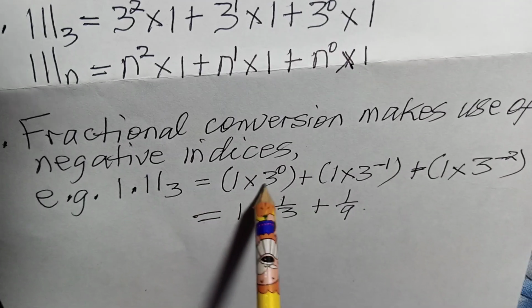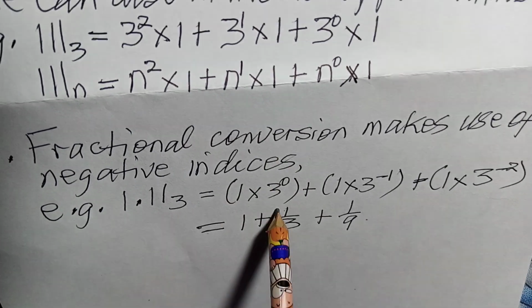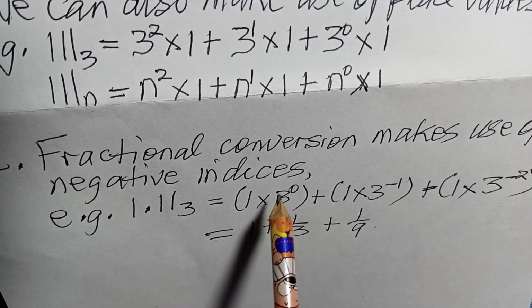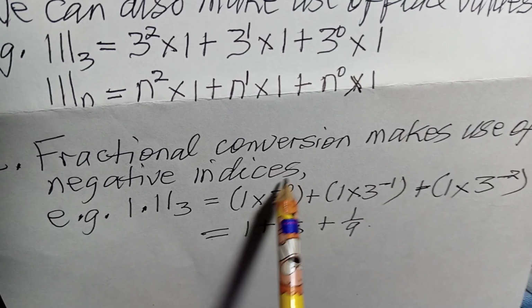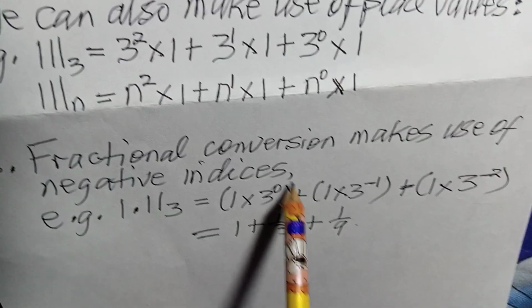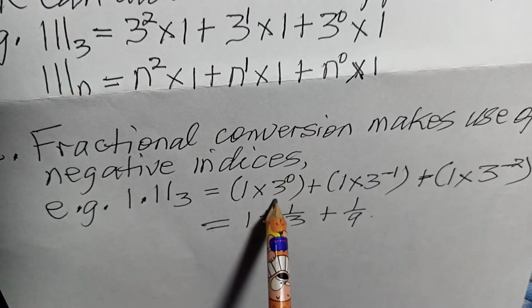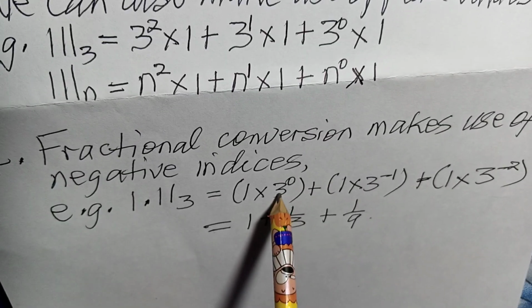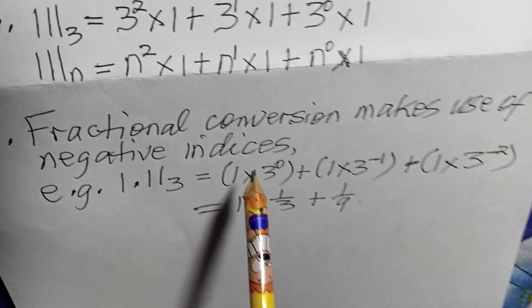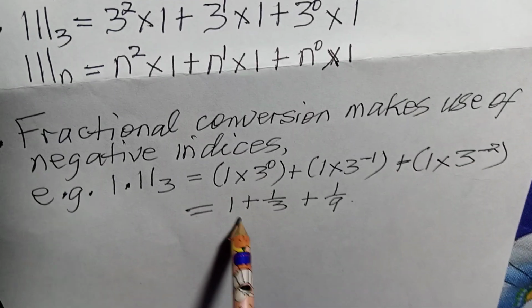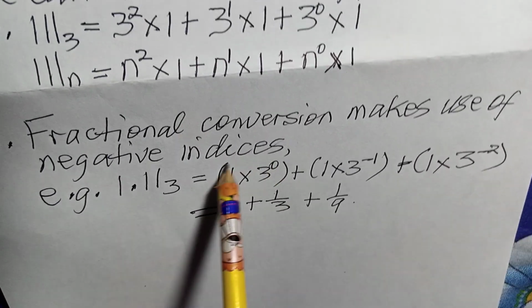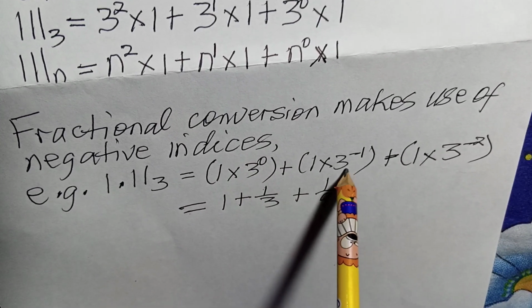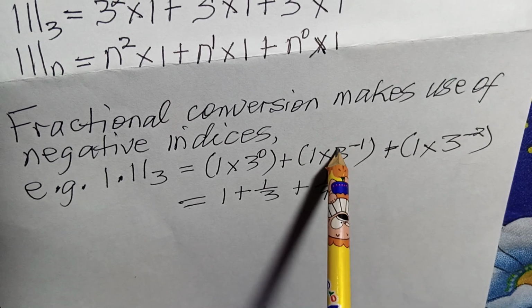Then, for example, look at this. 3 raised to power 0 is 1. Any number n raised to the power 0 will always be 1. That is why you see 1 here, 1 for this bracket, plus here minus 1.